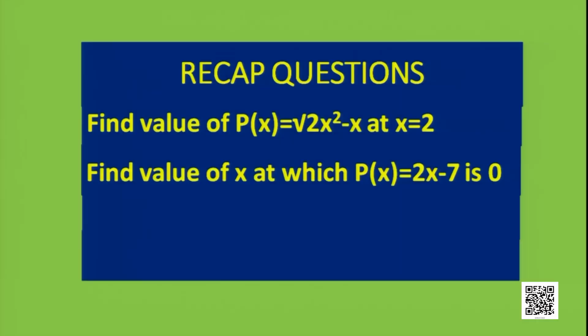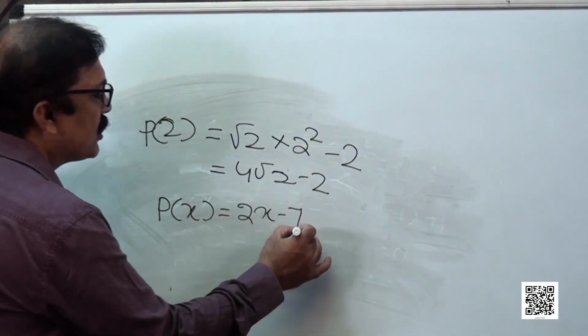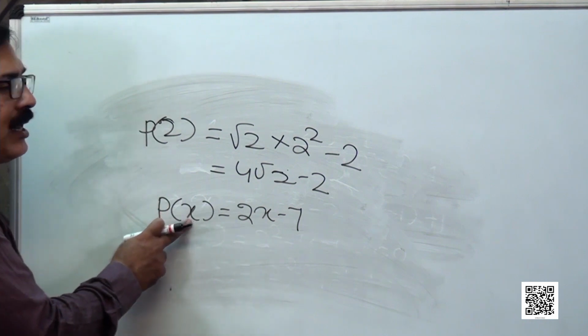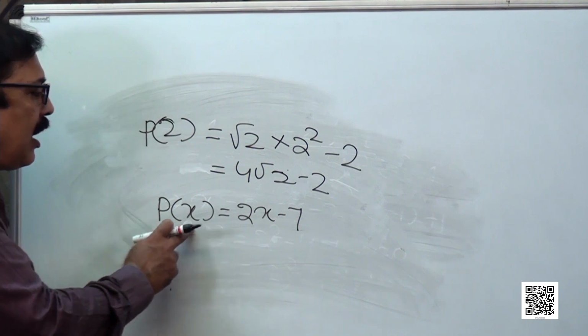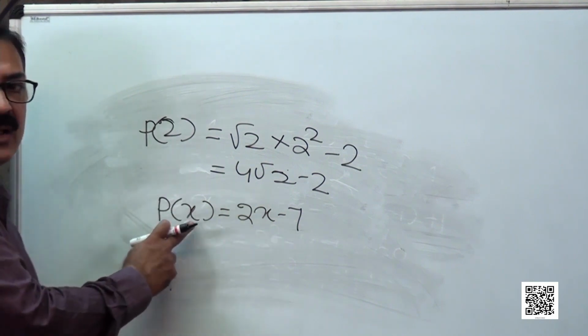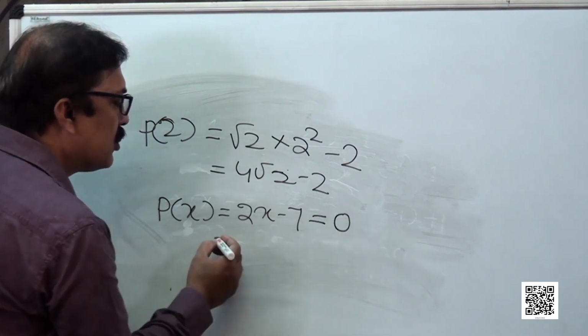Next, another example, another question. Evaluate the value of px equal to 2x minus 7 for which it is 0. As we know, px is equal to 2x minus 7, and for which value it is 0 means to find the 0 of this polynomial, and to find the 0 of this polynomial we have to solve the equation 2x minus 7 is equal to 0.